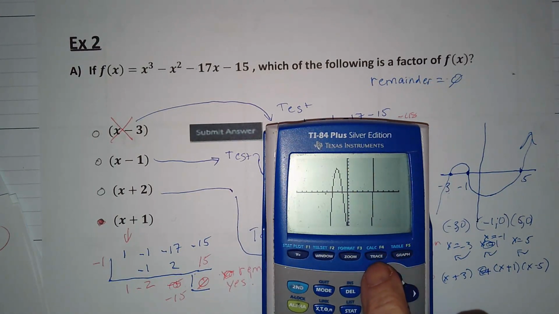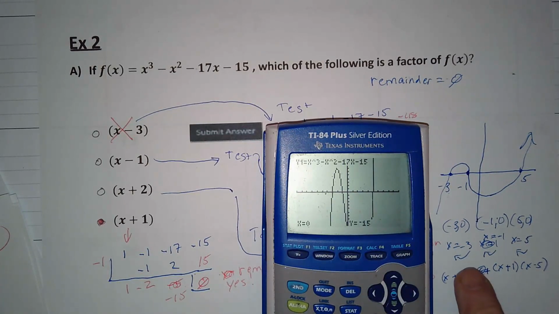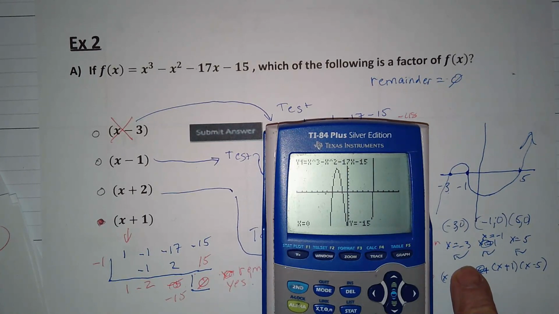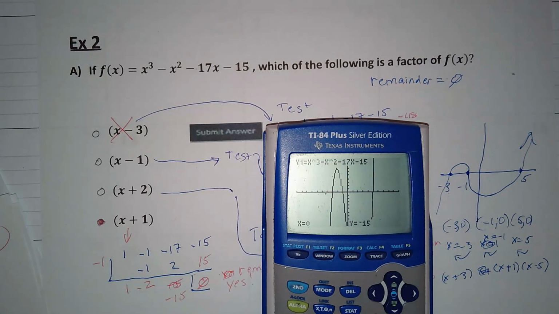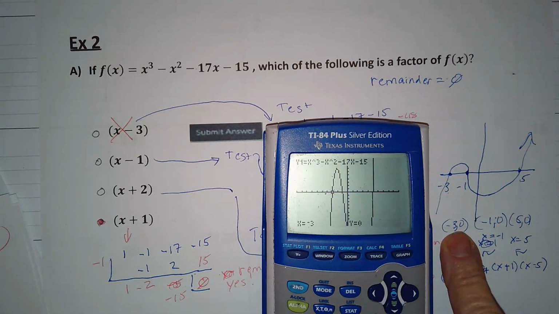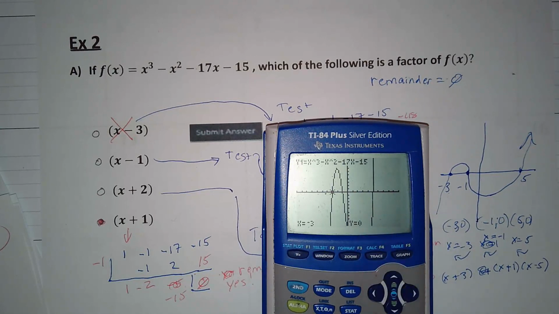You see this button here, which Casio also has. You could click trace, and it says x equals 0. Let's make x equal negative 3. If x is negative 3, what does y have to equal? 0. It shows y equals 0. So that's correct, negative 3 and 0. Let's do the trace again.